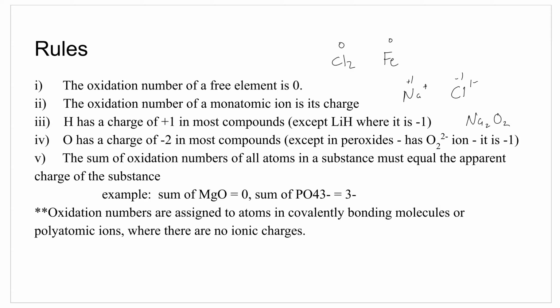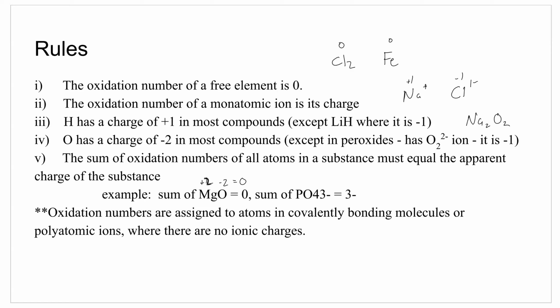The sum of oxidation numbers of all atoms in a substance must equal the apparent charge of the substance. So if we have an ionic compound, all ionic compounds have a charge of 0. Oxygen has an oxidation number of -2. Magnesium has an oxidation number of +2, and the oxidation numbers also balance to make 0.